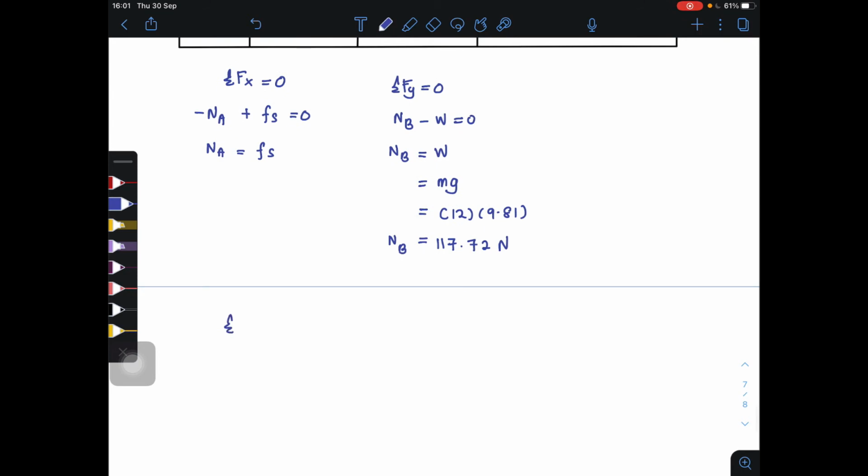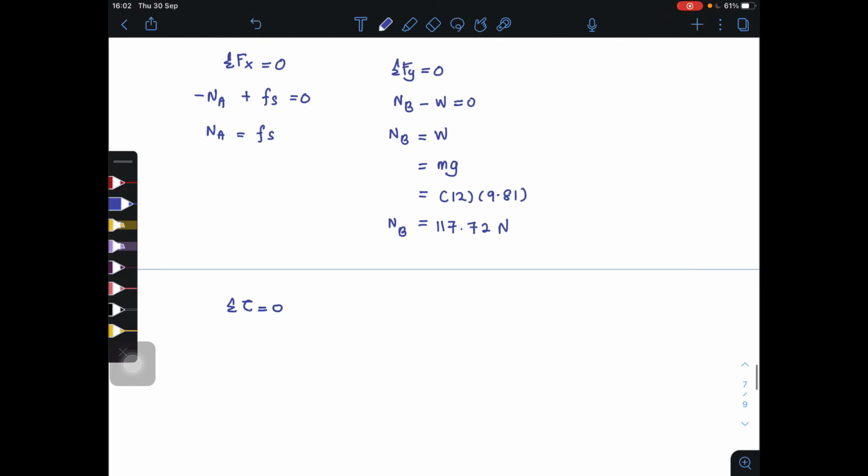So the sum of torque is equal to kosong. So kita ada torque A minus torque W. Dan kita tahu torque is equal to RF sin theta.